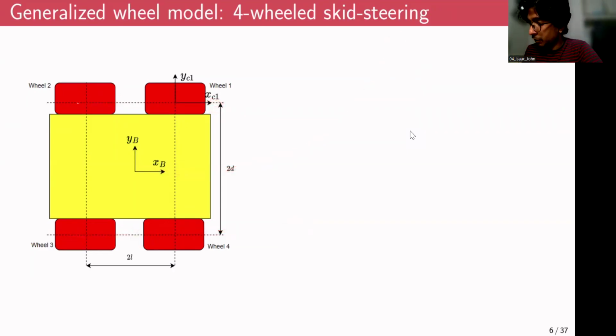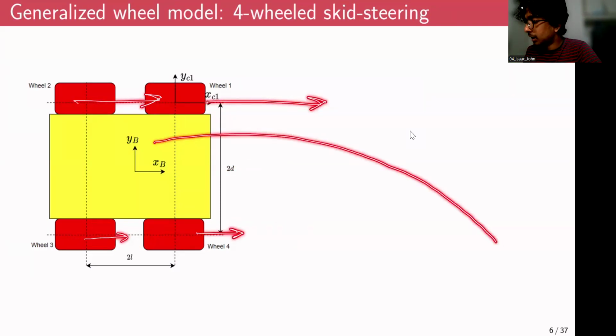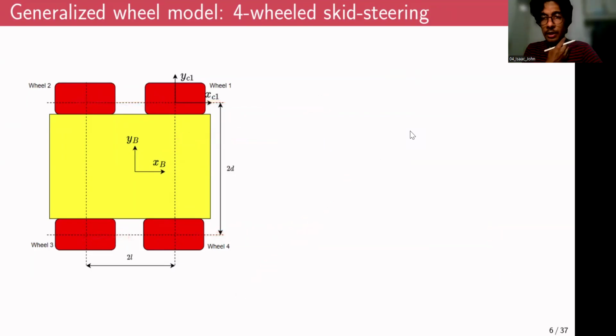And the same thing happens if you have larger velocities along the left side but smaller velocities on the right side: it will take a curve-like trajectory, but curving in the clockwise direction, again with a finite turning radius. So these are the possible movements these sort of robots will have.